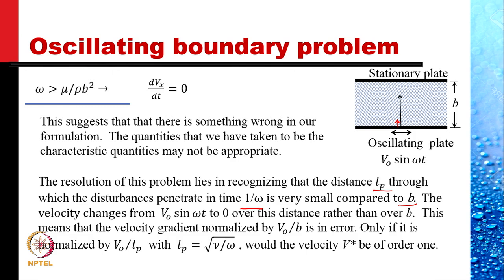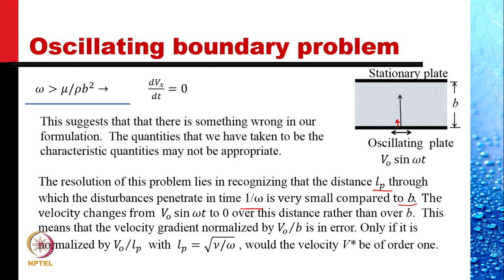And so the effect over a long time is now restricted to a thin layer about the lower plate. The velocity changes from V naught sine omega t to 0 over this small distance rather than over the whole distance B.